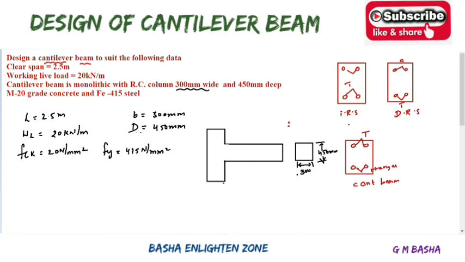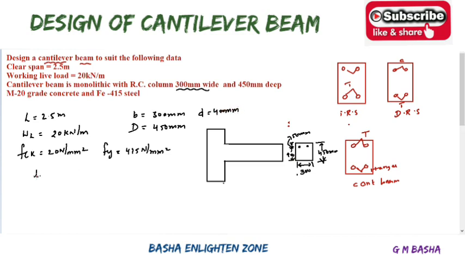Based on this capital D, you can provide an effective depth by removing some cover. For cantilever beams you take the cover from the top because the tension reinforcement is on the top side. Removing some cover like 50 mm, the remaining part will be around 400, so d can be taken as 400 mm.